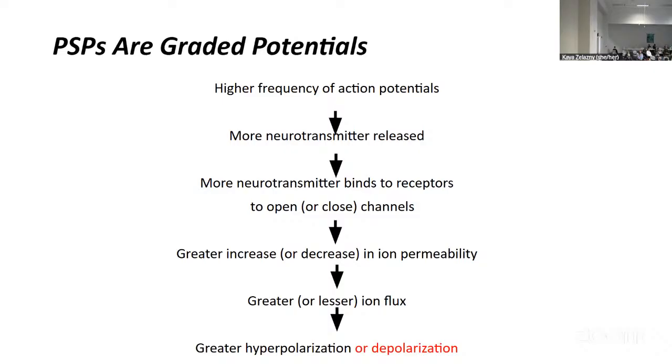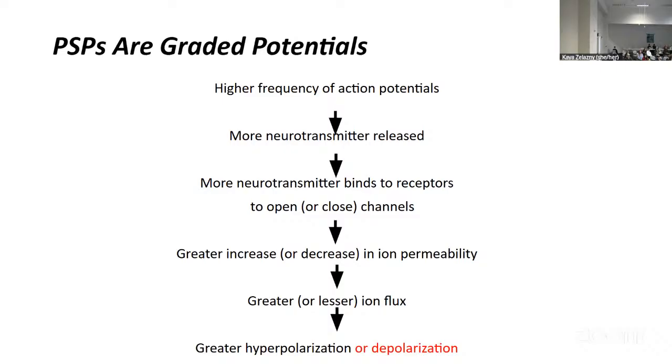Depending on the receptor, depending on the neurotransmitter, it will either open or it will close, right? This is going to either let more of that ion in, to increase the permeability for that ion, or decrease that ion permeability, stop that ion from coming in or out, okay? Which means we're going to have either more or less ion flux. So either we allow more ions to move or we stop the ions moving.